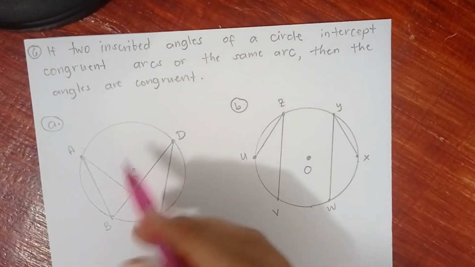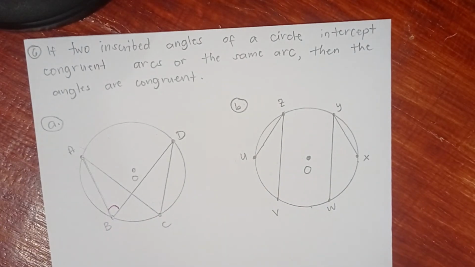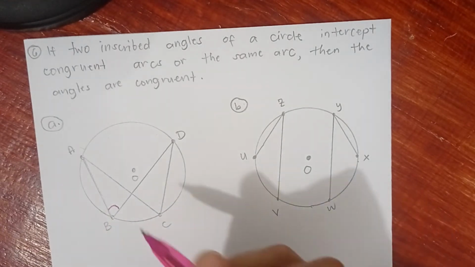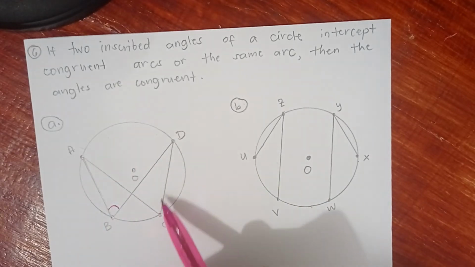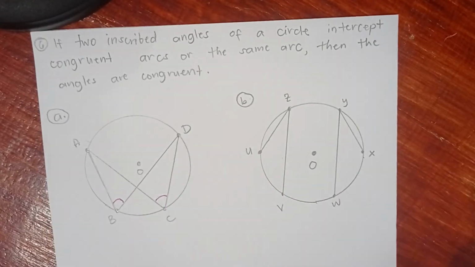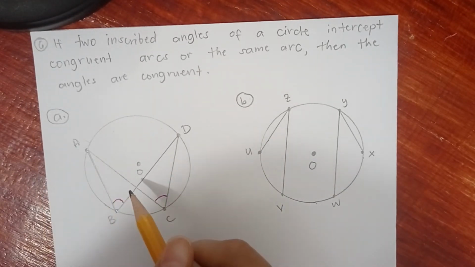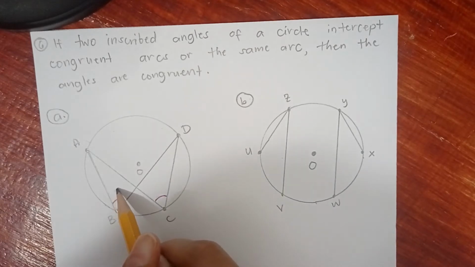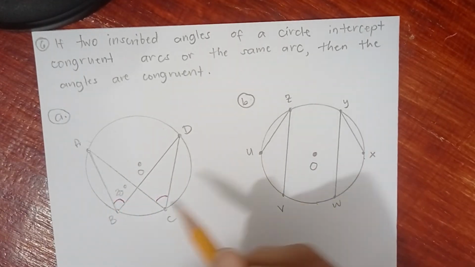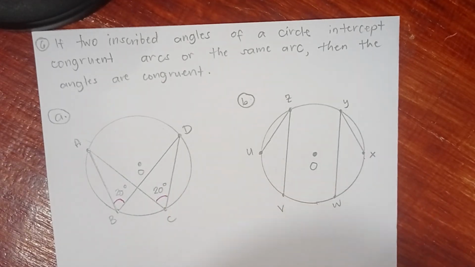Pero, kung halimbawa natin is yung angle ABD, this one, ABD. Ito. And the other one is angle ACD. This one. Yan. For example, ito ay 20 degrees. At ito rin ay 20 degrees. Ibig sabihin, congruent sila.